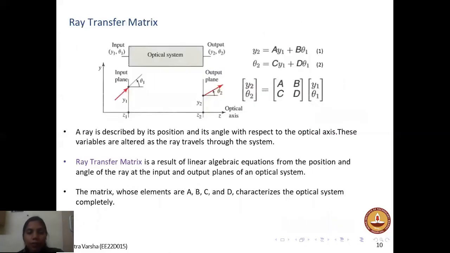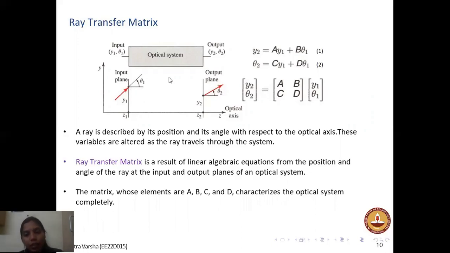A ray transfer matrix describes an optical system as a set of optical components placed between two transfer planes, let's say Z1 and Z2, referred to as the input and output planes respectively. The system is characterized completely by its effect on the incoming ray of arbitrary position and direction, that is y1 and theta1.